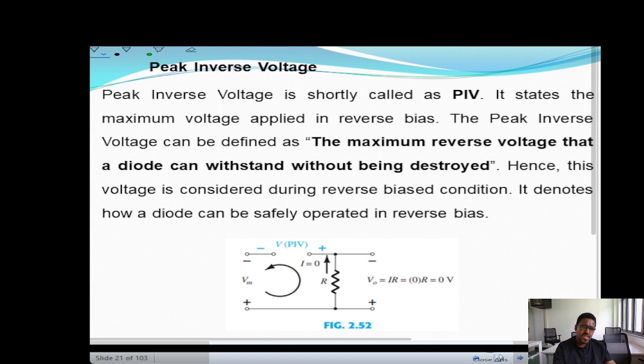This peak inverse voltage is always equal to the input voltage, that means the maximum input voltage without the diode being destroyed. So this measurement we call PIV, or peak inverse voltage.